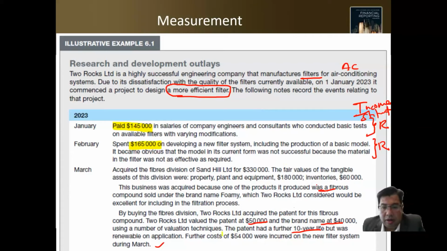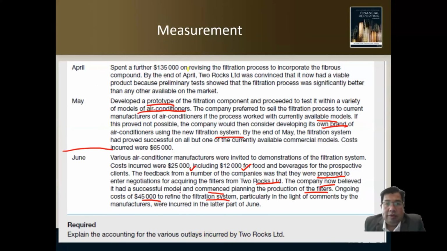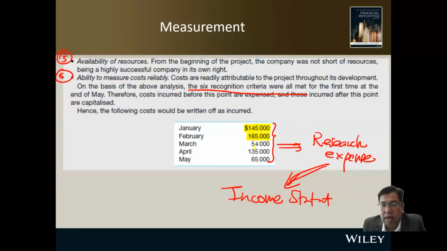This 54,000 cost incurred is already intangible asset, but does not relate with your research. And then you have another 135,000 revising the filtration. And finally 65,000. These are all recognized as your research expenditure. You go to your income statement.